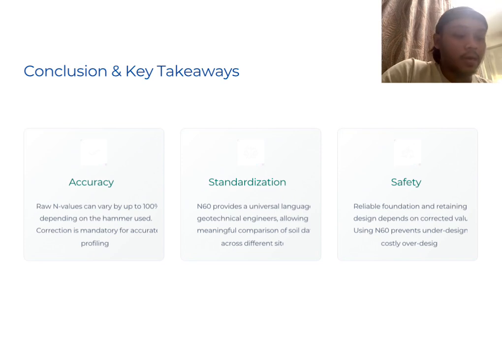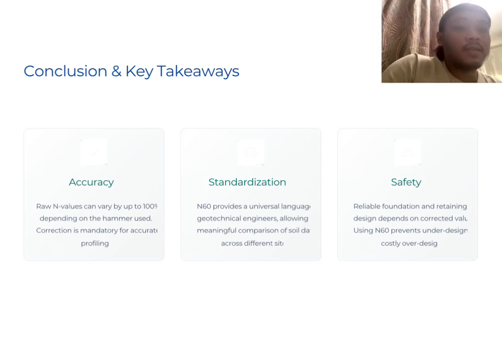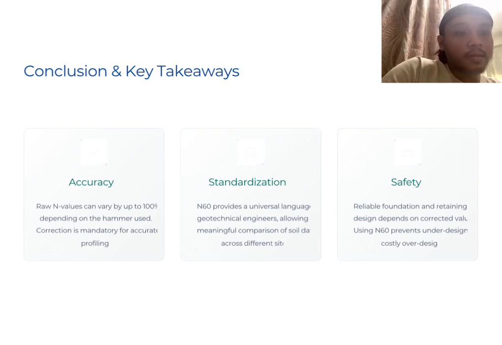Without correction, N value can be wrong by up to 100%. And then for standardization, N60 provides a universal language for geotechnical engineers, allowing meaningful comparison of soil data across different sites.